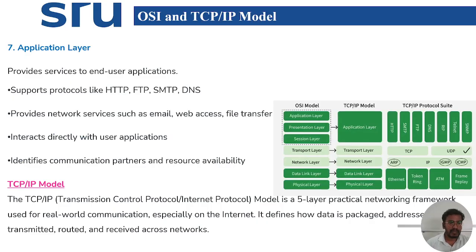Coming to the application layer, it provides services to end-user applications. The person who wants to receive the file we call the user. It supports protocols like HTTP, FTP, SMTP, and DNS.